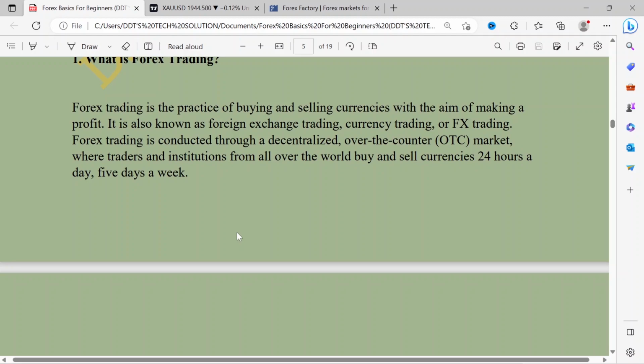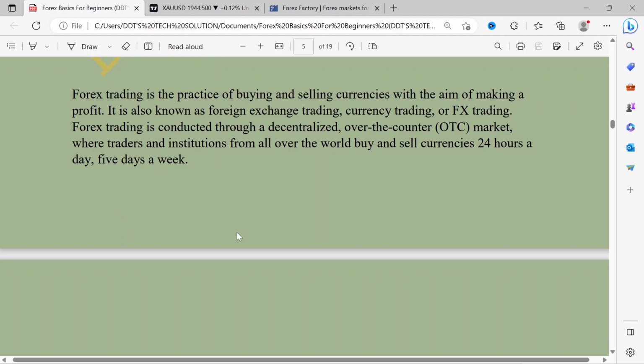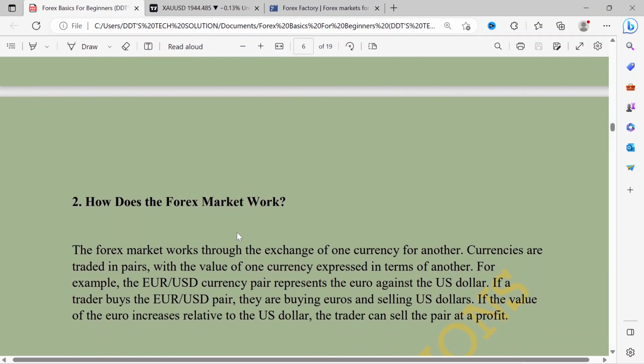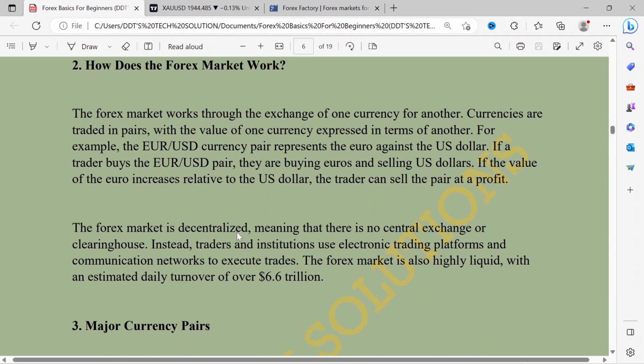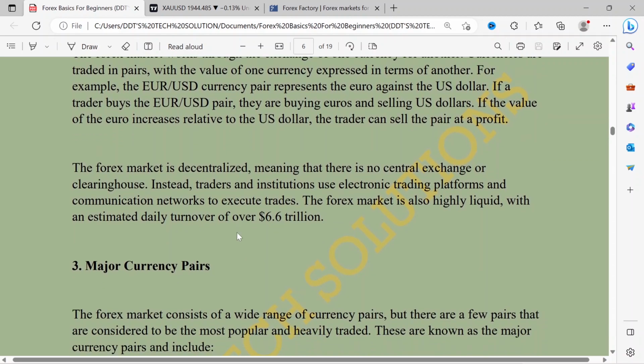You can also trade commodities as well. You should know that forex is a decentralized platform. So no one controls it. So it's just about the exchange of currencies. Alright, so you can read more on those.